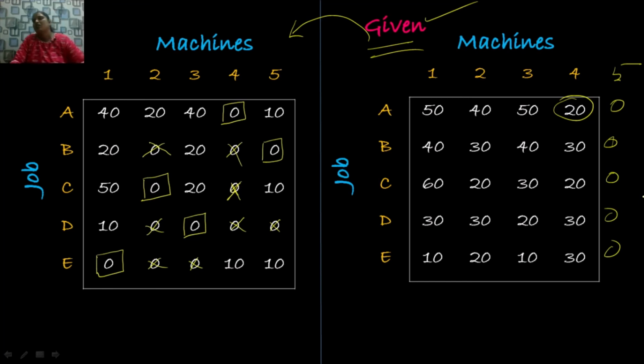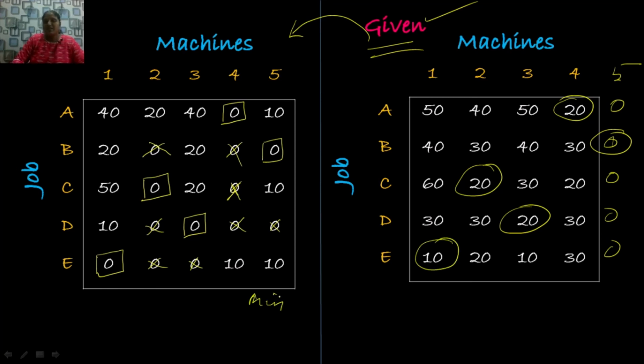So B to 5 means 0 cost, and C to 2 is 20, D to 3 is 20, and E to 1 is 10. Adding all these values, 20 plus 0 plus 20 plus 20 plus 10, we get the minimum assignment cost, that is 70.